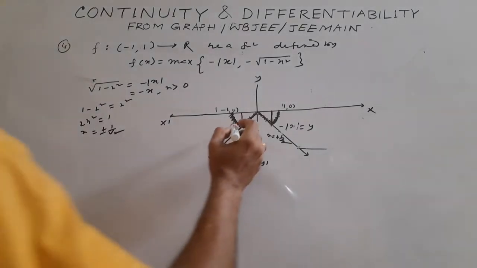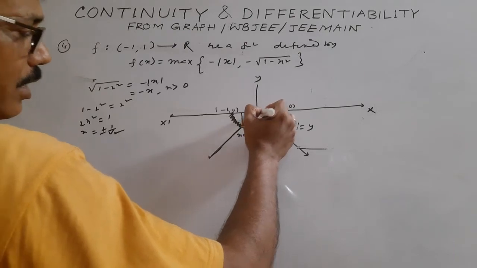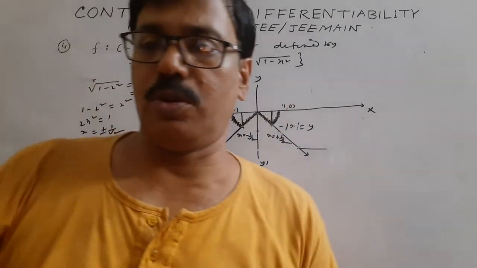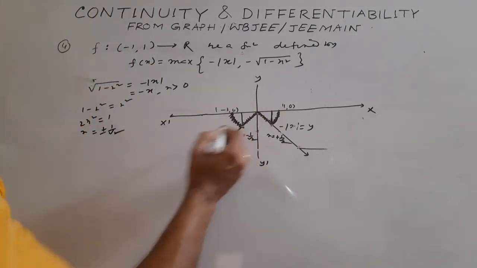So look, it has a sharp corner at x equals minus 1 by root 2, at x equals 0, and at x equals 1 by root 2. So it is continuous but not differentiable at 3 points.